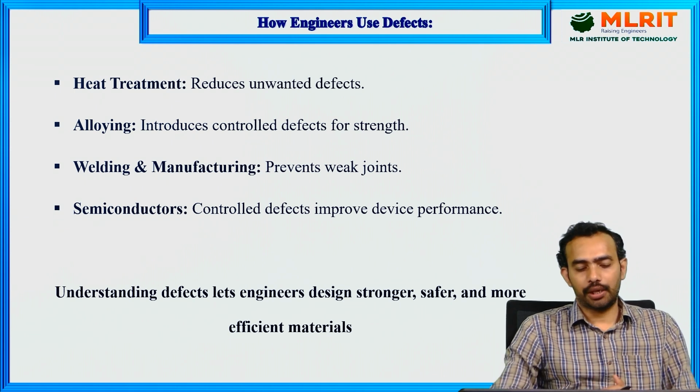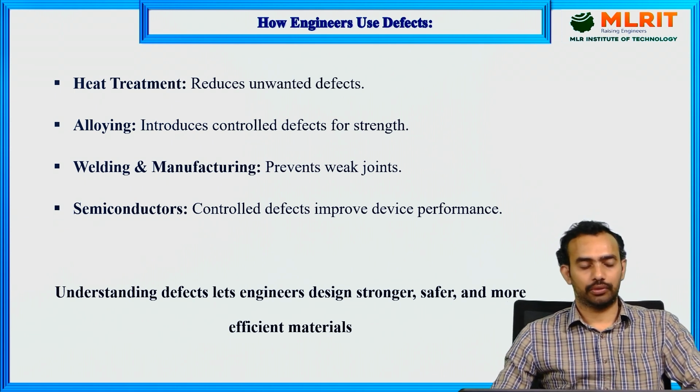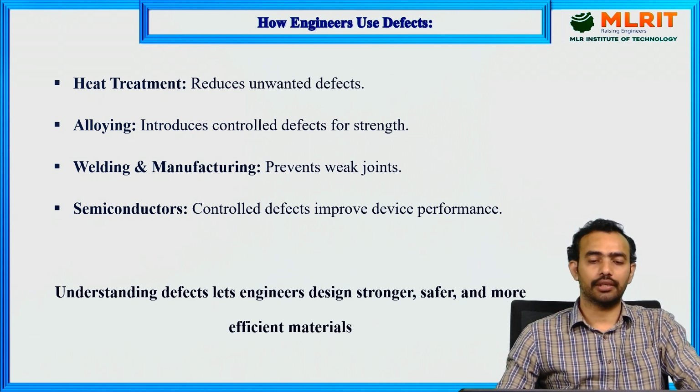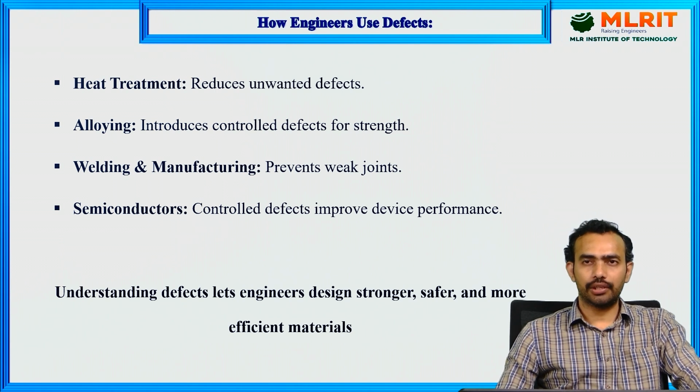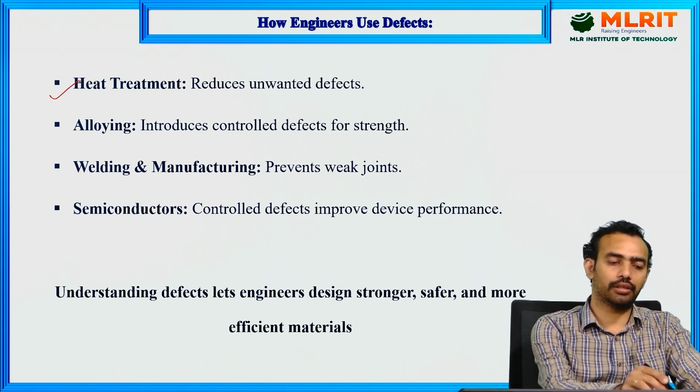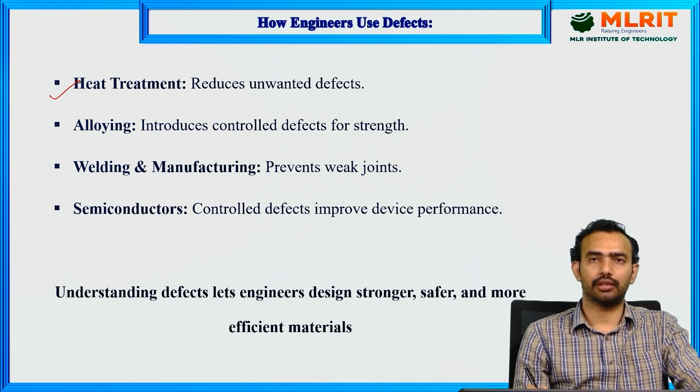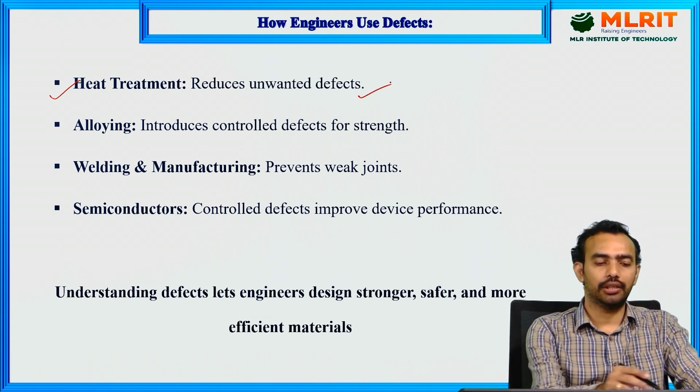Before summarizing, let us look at how engineers have been using these defects. In heat treatment processes, for annealing, engineers control and reduce unwanted defects.